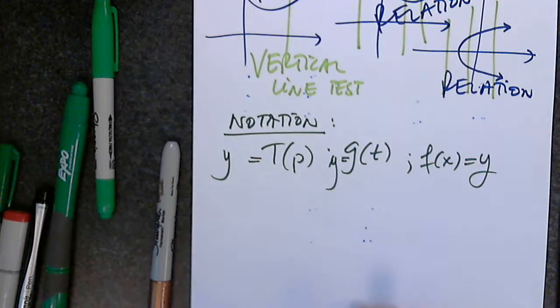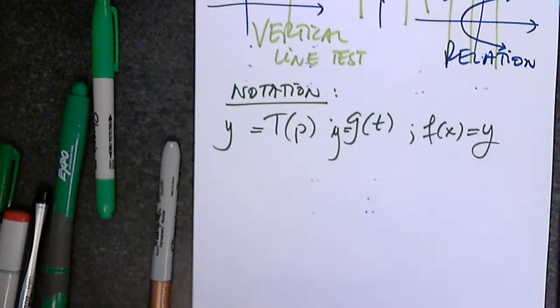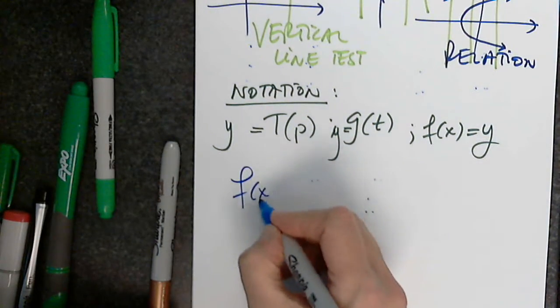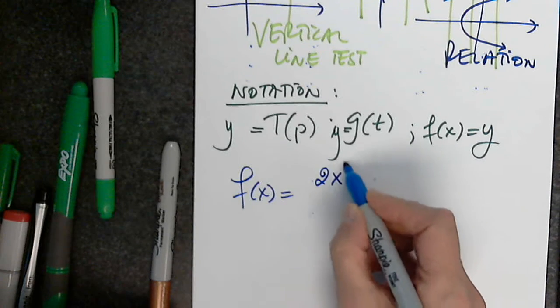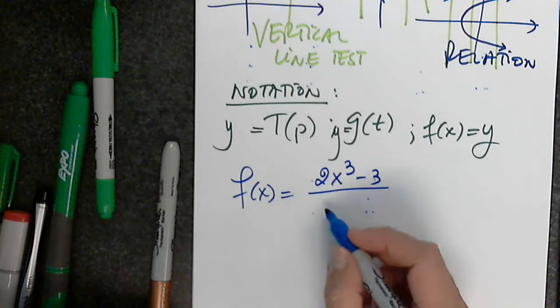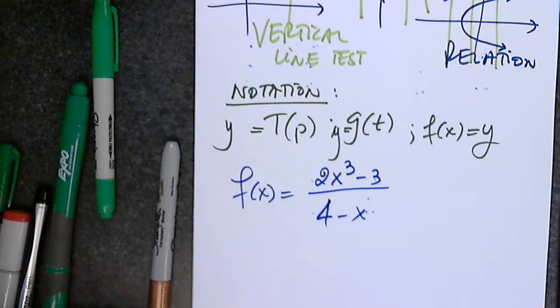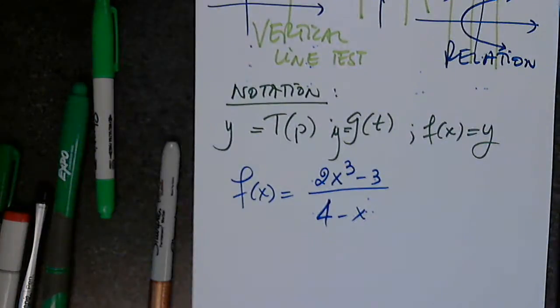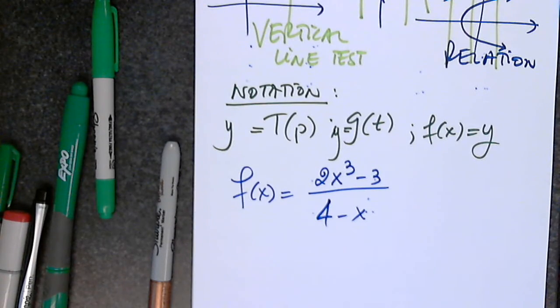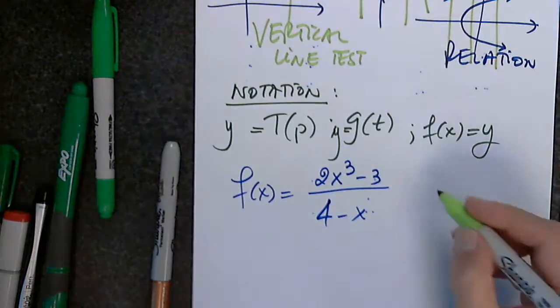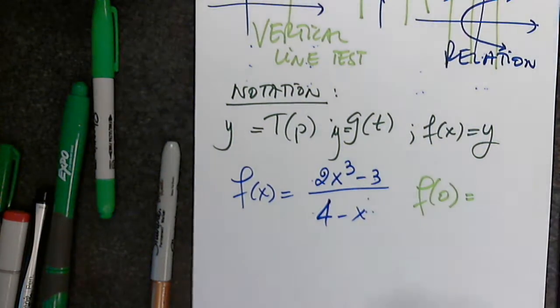Okay, now here's another thing. For example, I'm given this function: 2x cubed minus 3 divided by 4 minus x. What type of function is this? And if I ask you to evaluate it for 0, what will you do?